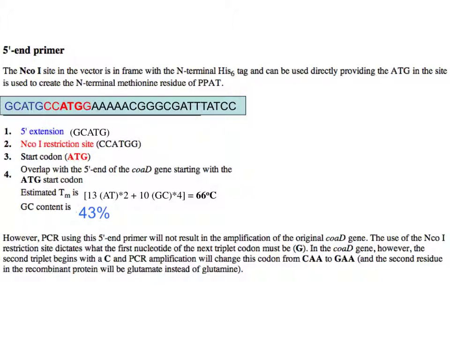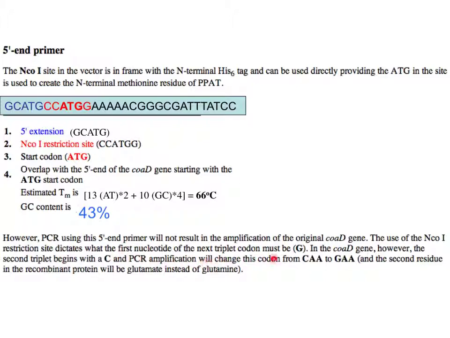So consider there's 13 ATs times 2, and then there's 10 GCs times 4. This gives you a melting temperature of 66, which is greater than 60, which is good. And then the GC content for the entire sequence is 43%, and again, the GC content should be between 40 and 60%.